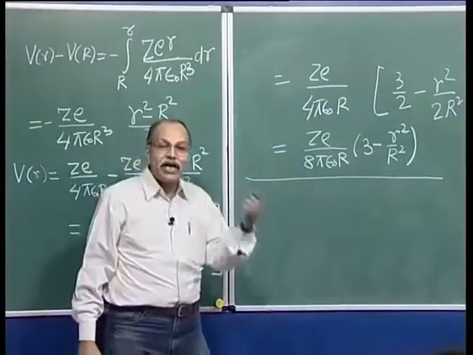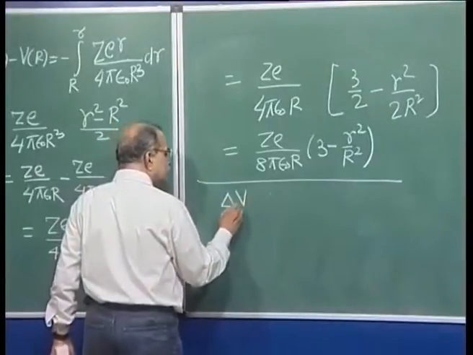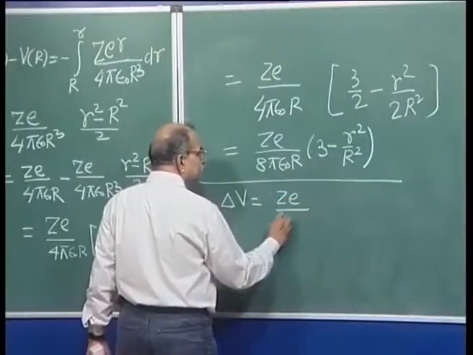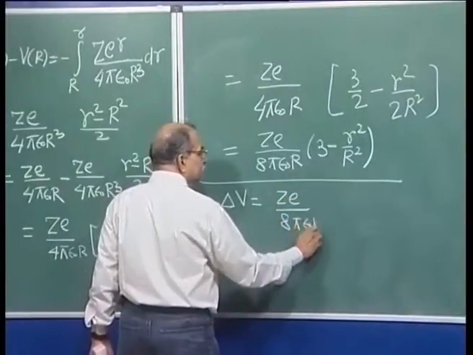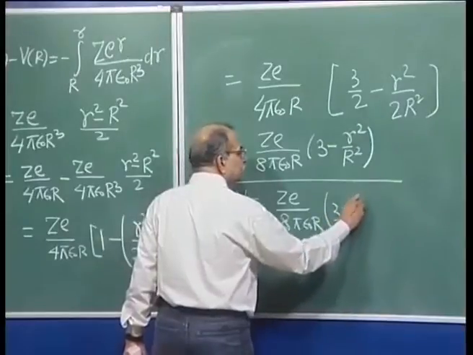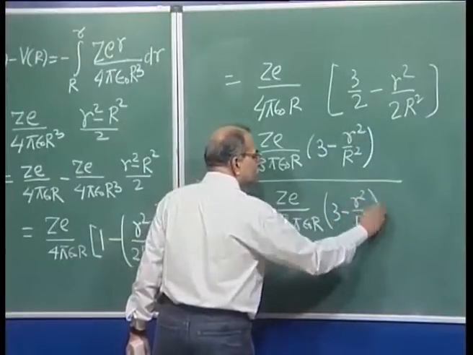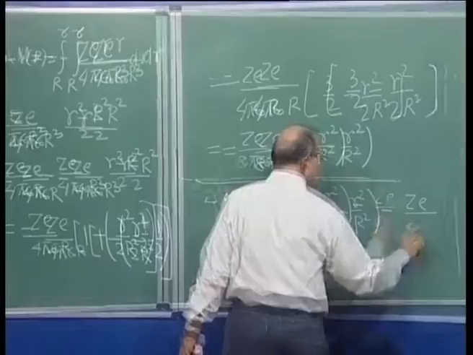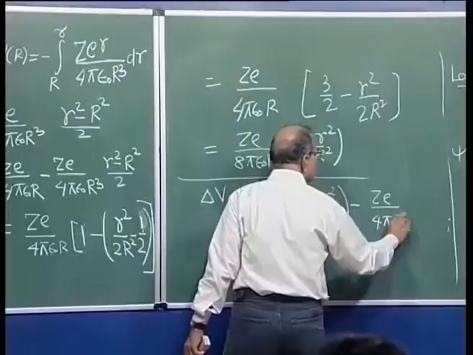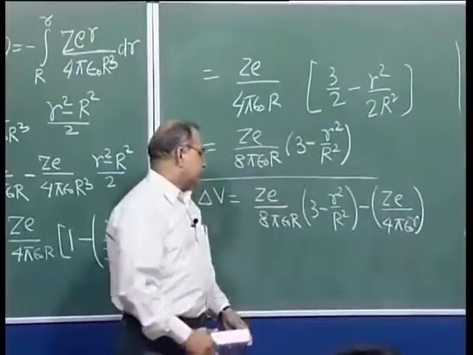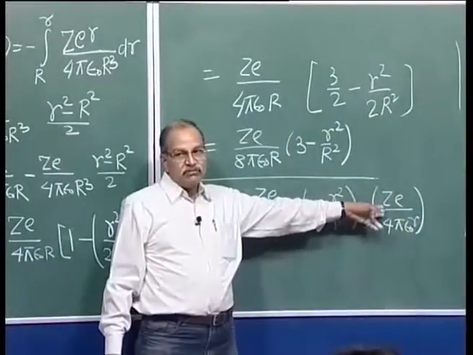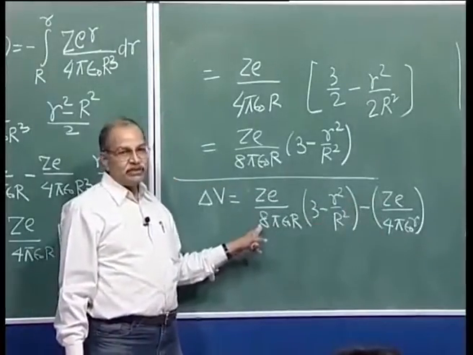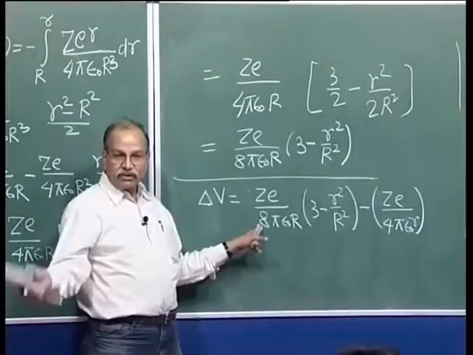So, how much is the change? This will be Z E by 4 pi epsilon naught capital R times 3 minus r square by capital R square, and minus Z E by 4 pi epsilon naught r. This is the potential assuming the nucleus to be a point charge, and this is the potential assuming the nucleus to be a uniform sphere.